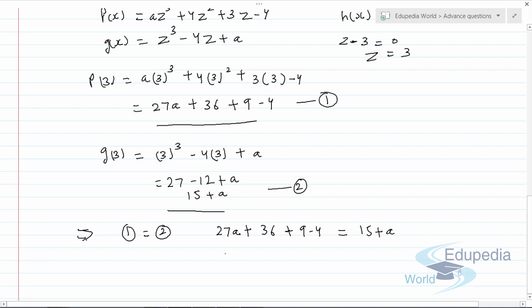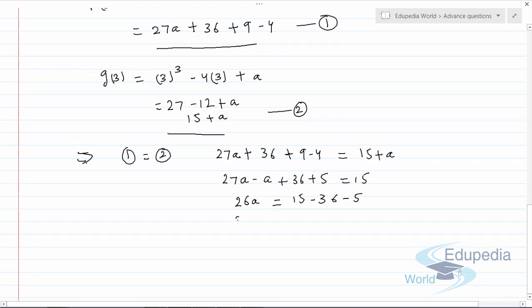After rearranging for a, this will come out to be 36 plus 5, which is 41. So it will be 26a equals 15 minus 36 minus 5.